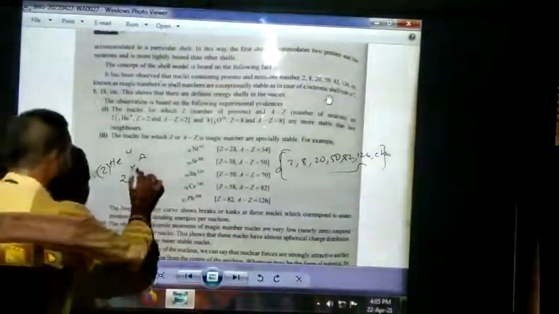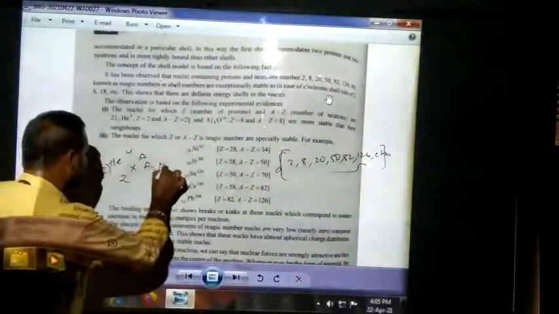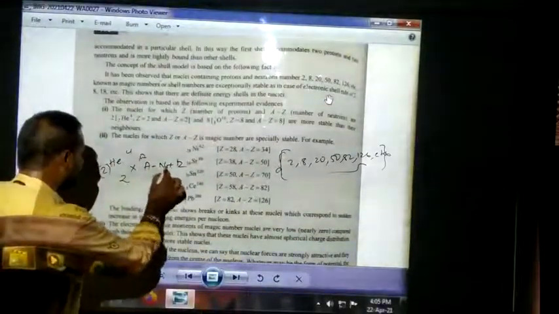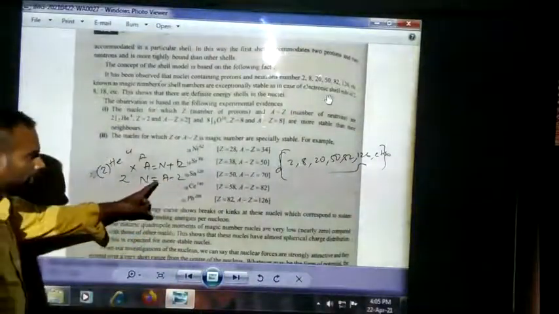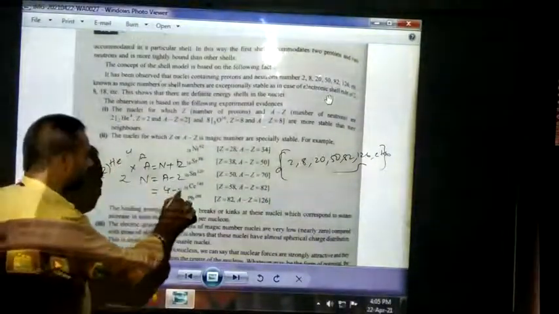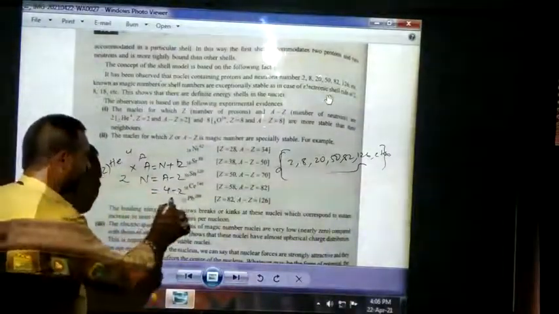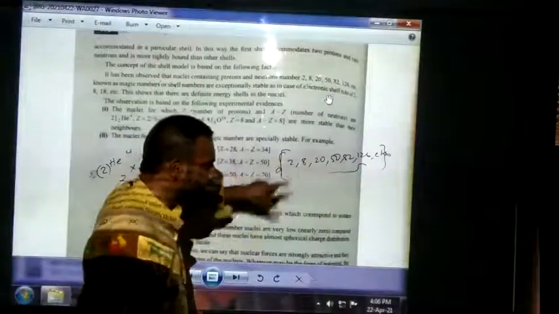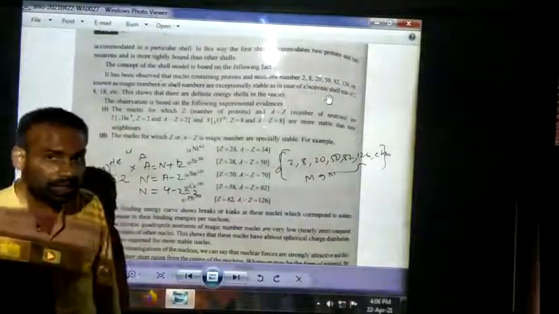The total mass number is the number of neutrons plus the number of protons, so A equals N plus Z. The number of neutrons is A minus Z, which is 4 minus 2, so 2. The neutron number is also 2, which comes under the magic number set. Hence helium is more stable compared with the other nuclei.